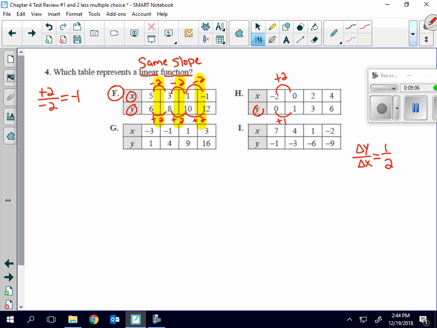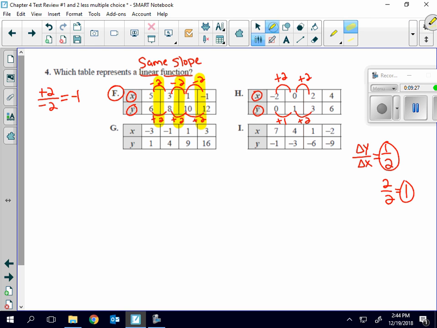Don't forget to put the y over the x. And this one would be up 2. You see how that one is now going to be 2 over 2, which is 1, and 1 does not equal a half. So that is not linear.